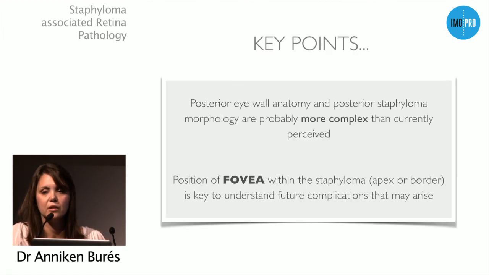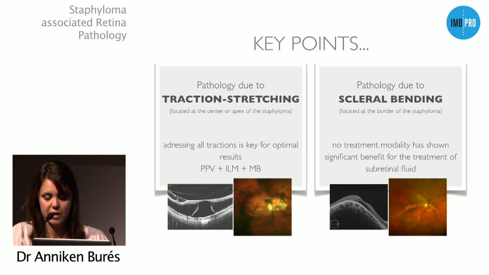And as a conclusion, we can say that the posterior eye wall and the staphyloma anatomy is probably more complex than what we thought before, and the position of the fovea within the staphyloma is key to understand the future complications that may arise. Therefore, complications that occur at the center of the staphyloma will be related to the progressive stretching of the eye, and to treat this, we will need to correct the tractions.